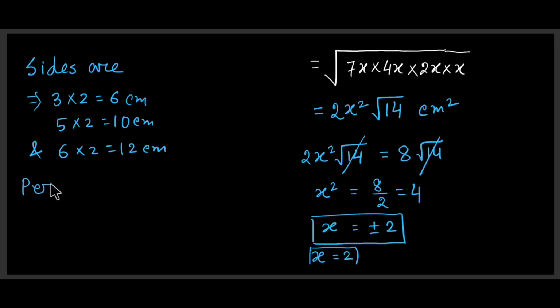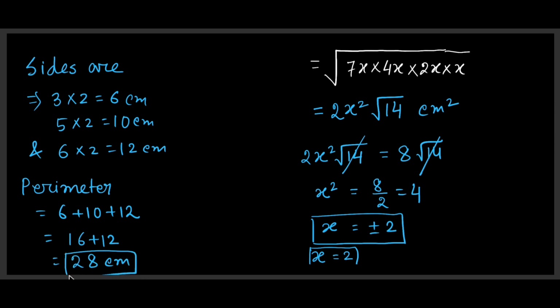Therefore, perimeter is the sum of the sides, 6 plus 10 plus 12. So clearly it is 16 plus 12, and now it must be 28 centimeter. So it is our answer.